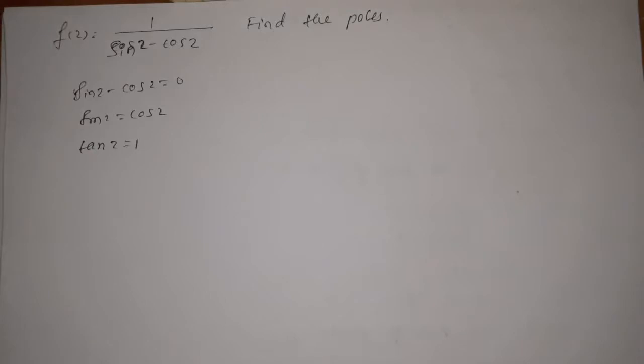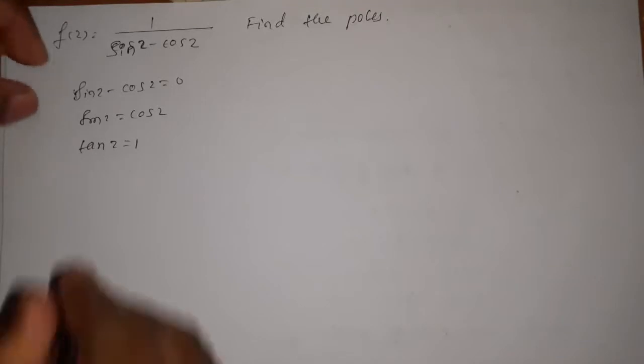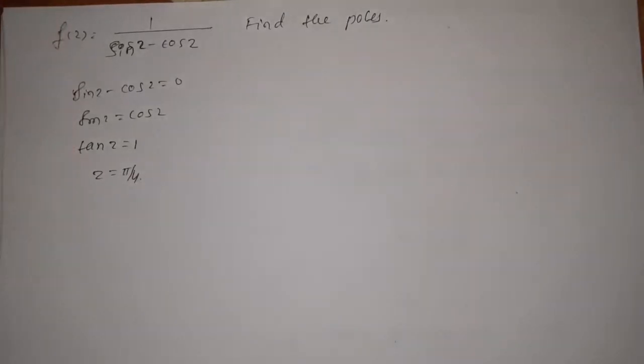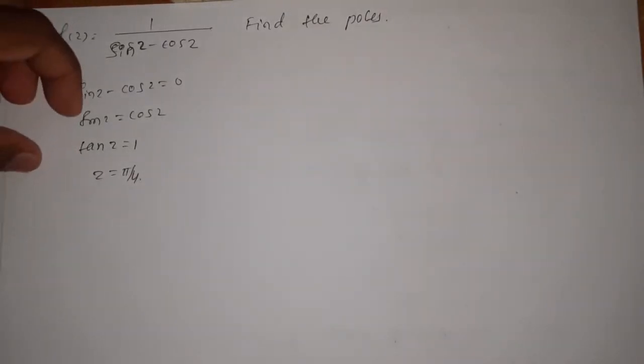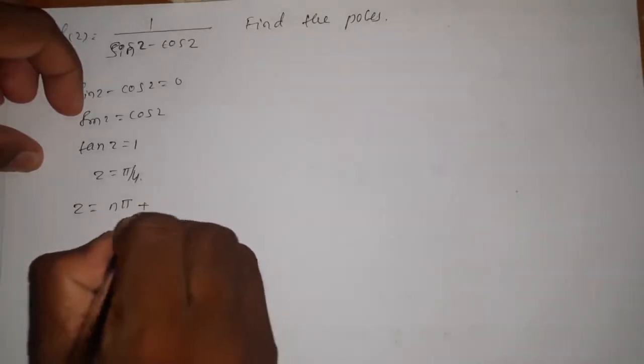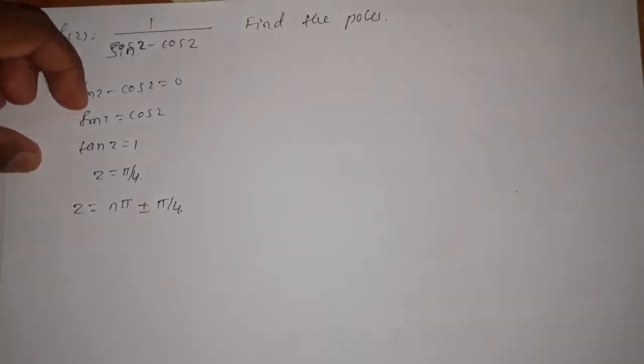So we need to find the value of z such that the tan of that angle is equal to 1. So we know that if z equal to pi by 4, then we get tan z equal to 1. So we need to write the solution in general as n pi plus or minus pi by 4.